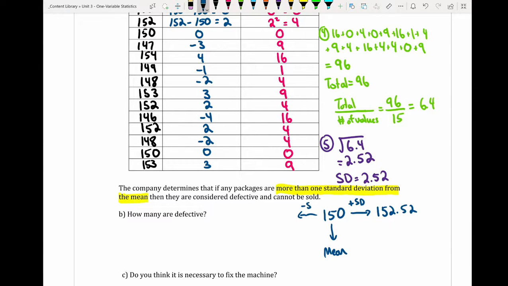So a minus standard deviation, because it's still one in either direction, I get 147.48. So what that means is I am looking for any values outside of 147.48 and 152.52.